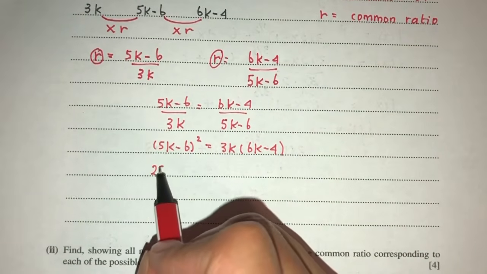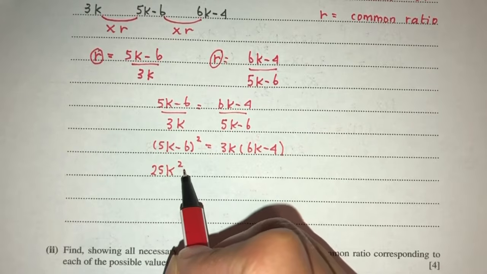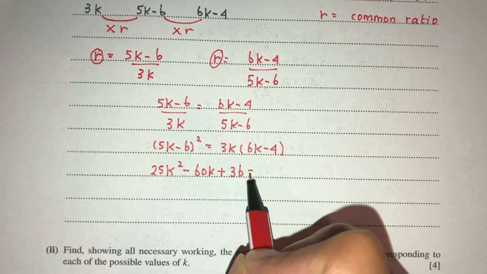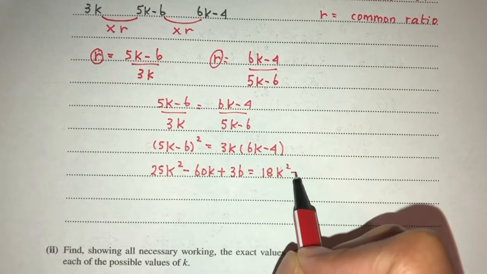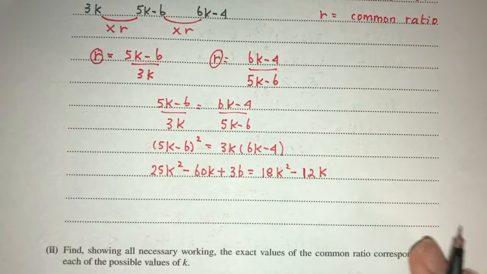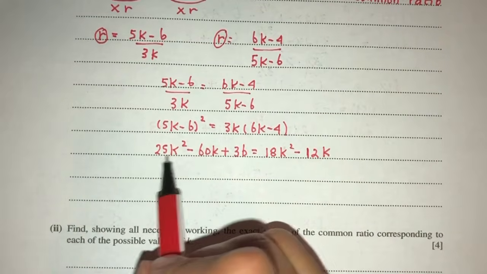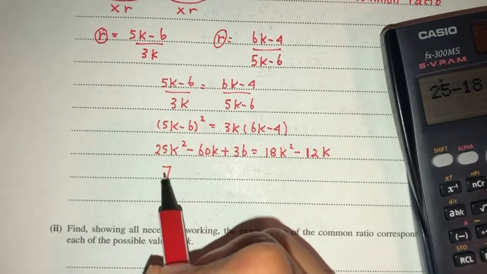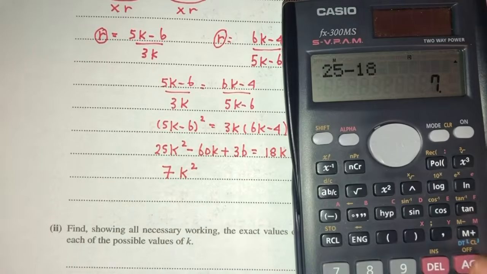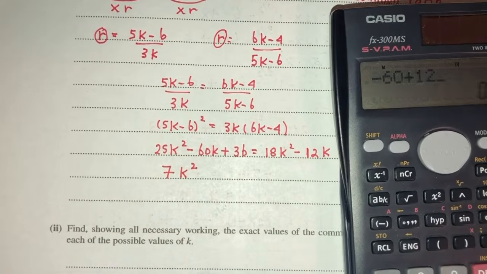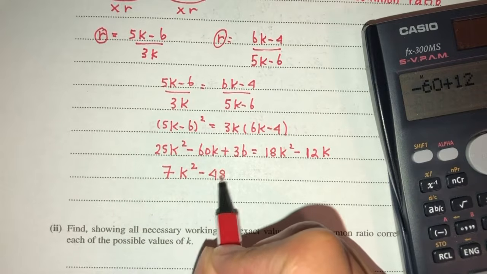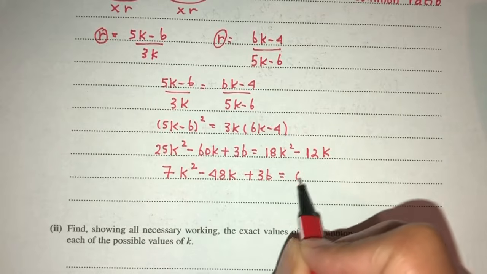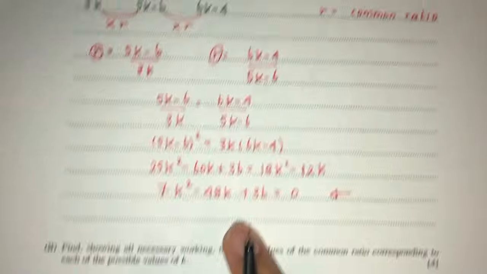You will have 25k squared minus 60k plus 36 equal to 18k squared minus 12k. Now let's send everything to one side. 25 minus 18 is 7k squared. Then we have minus 60 plus 12, that will be minus 48k. And then plus 36 has to be equal to 0. This is shown as required.